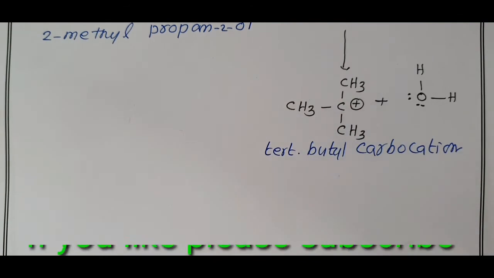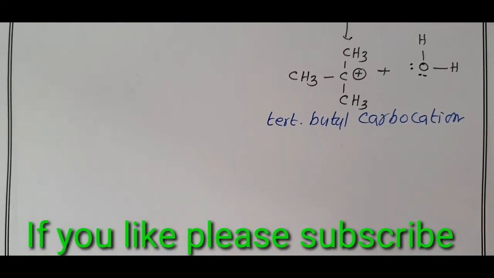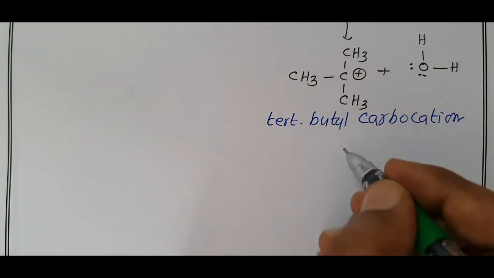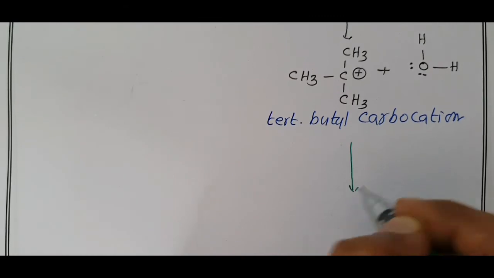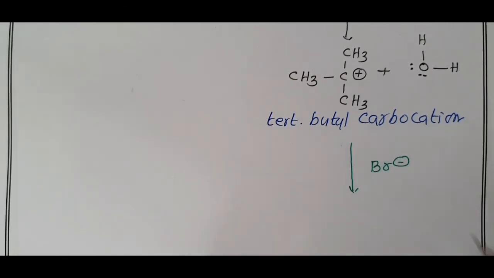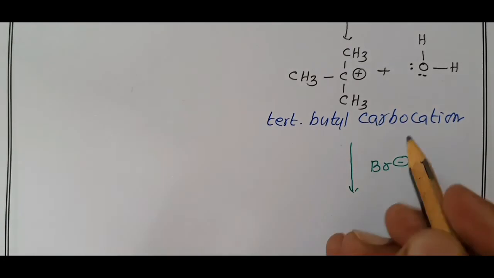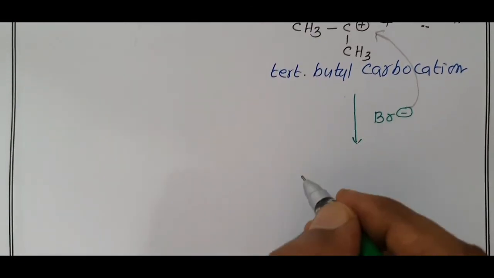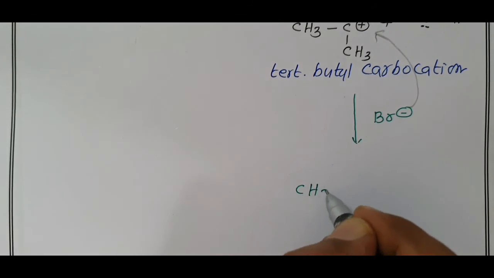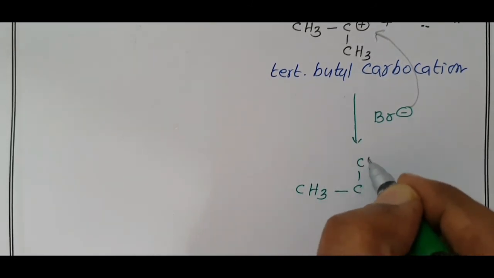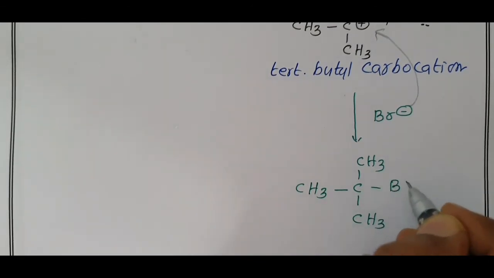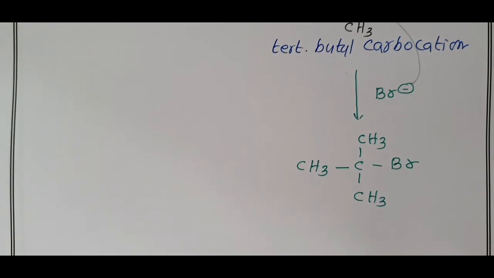To this carbon plus, if you add Br minus directly, we will get the product. In the first step we removed water. If you add Br minus, the Br minus approaches the substrate carbon atom from either side, front side or back side, and gives the product. What is the product obtained? CH3, here you have the carbon atom, another CH3, here CH3, and one Br minus is added to the substrate carbon atom.